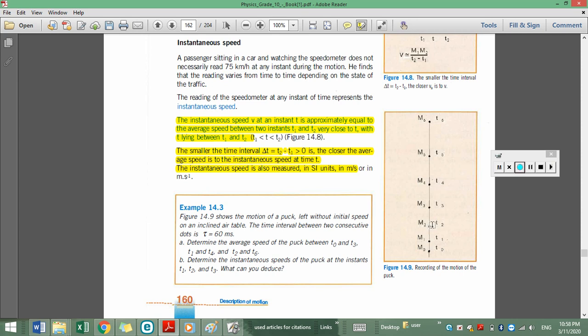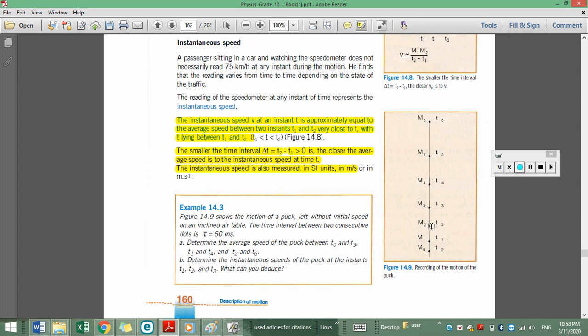They are T0 and T2. So the instantaneous speed at T1 is the distance M0M2 divided by 2 times 60 milliseconds, which is 120 milliseconds.